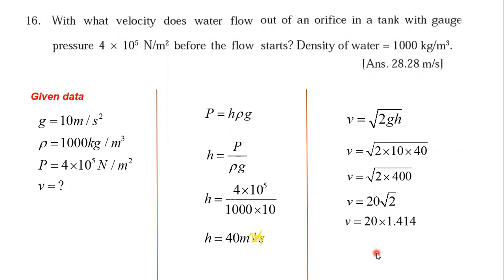So 20 into 1.414. After doing the multiplication, we get V is equal to 28.28 meter per second. And this is the velocity of water flowing out of an orifice.